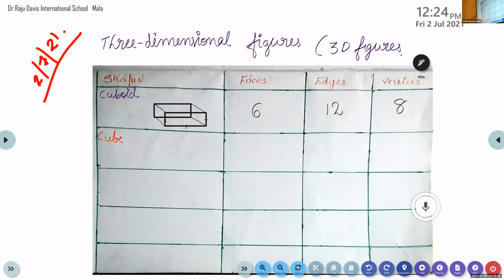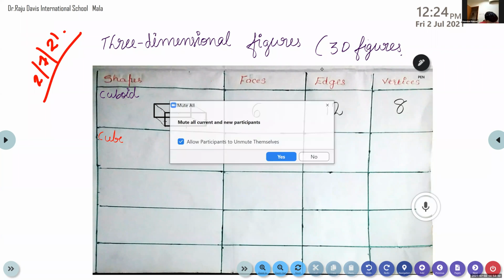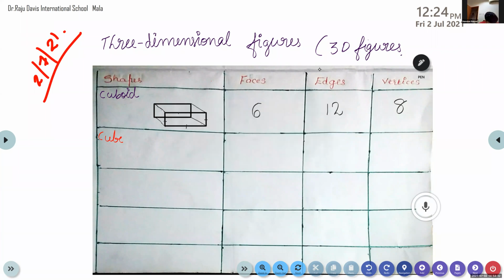C-U-B-E, cube. Just draw cube. Everybody is ready? Yes, ma'am. Okay, so let us start drawing.